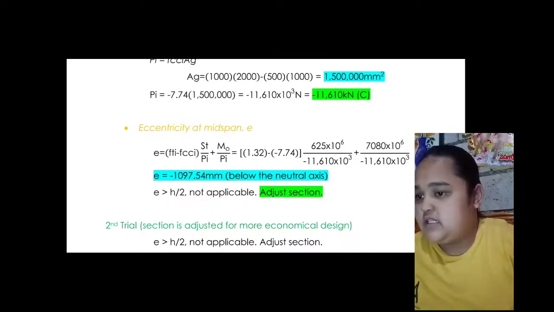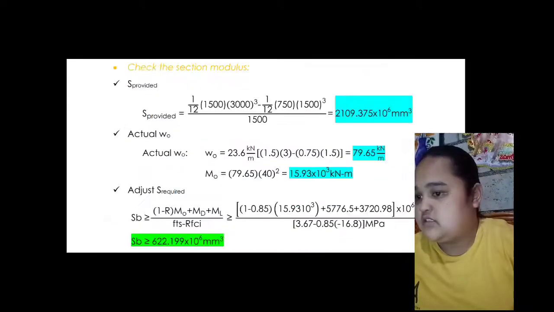E is greater than H over 2, so not applicable. Adjust the section. The second trial section is adjusted for a more economical design. E is greater than H over 2, it's not applicable, and adjusted.